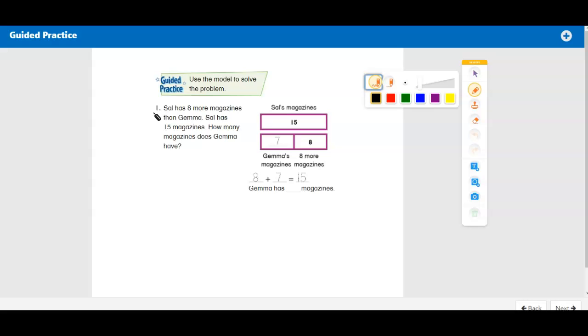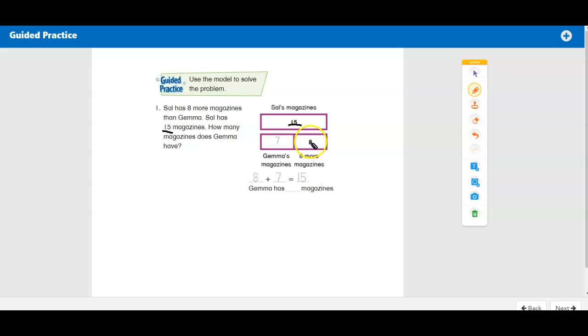So in our guided practice, we see they put the total number of magazines that Sal has. So in our problem, it told us that Sal has 15 magazines. And it says that he has 8 more magazines than Gemma.